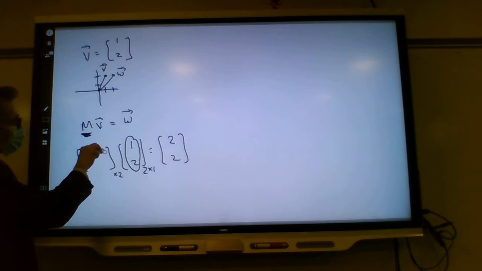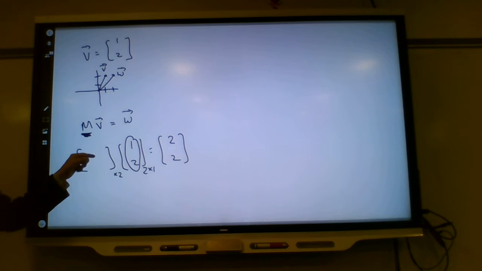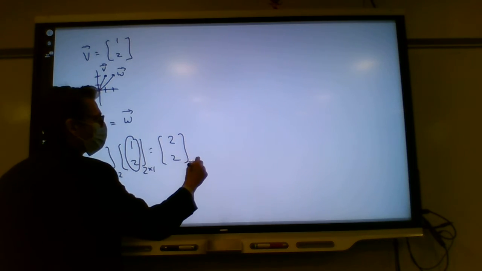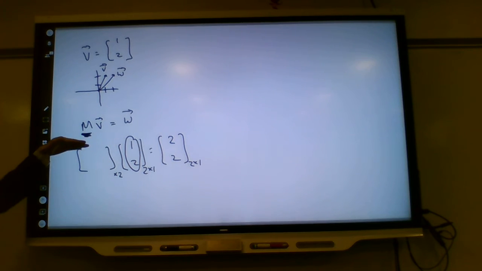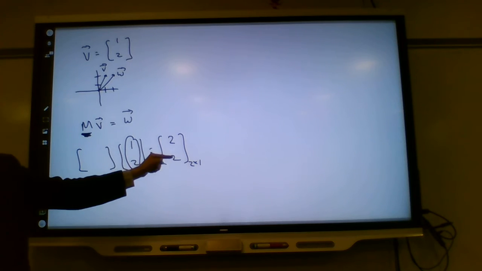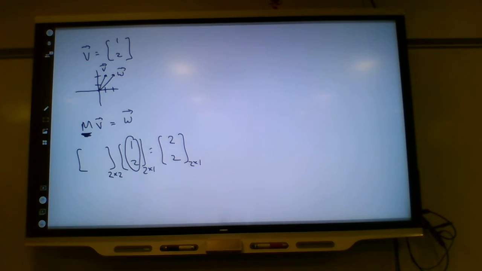How many rows do I need? In my answer over here, the first entry comes from here, and the second entry comes from here, so I need 2 rows as well.